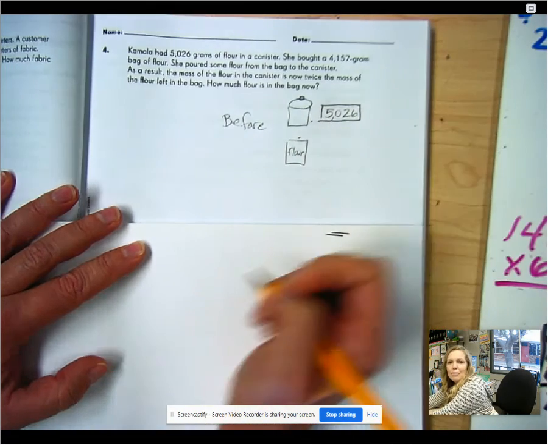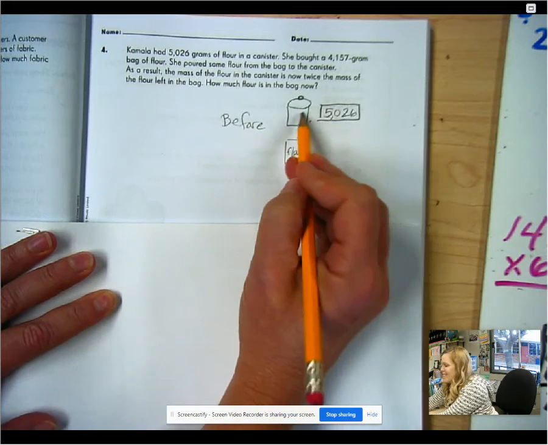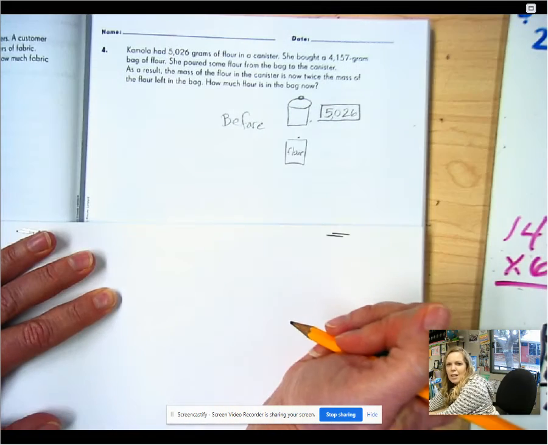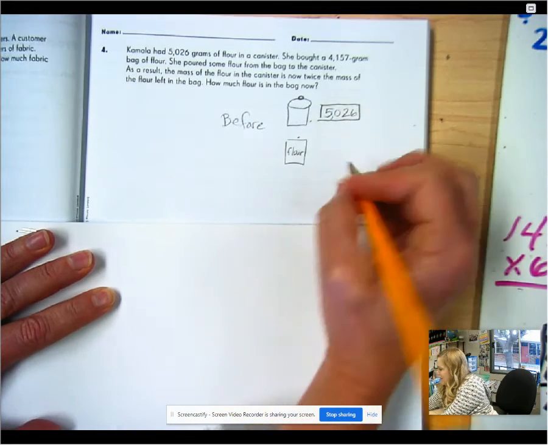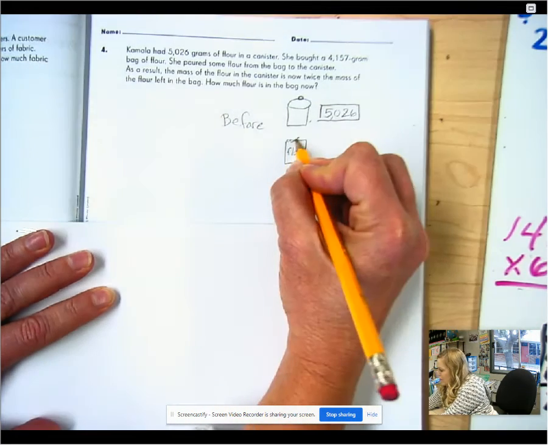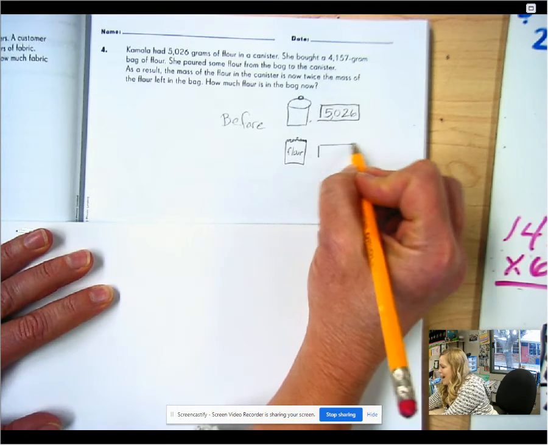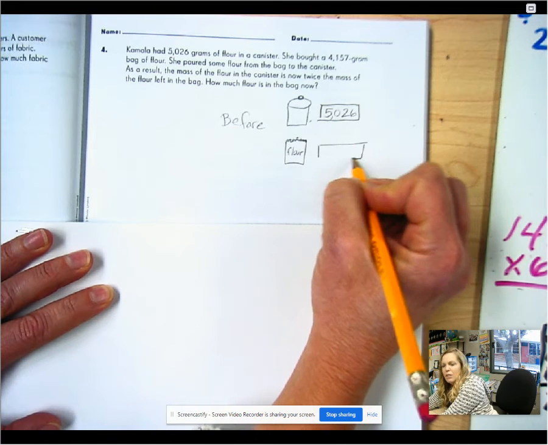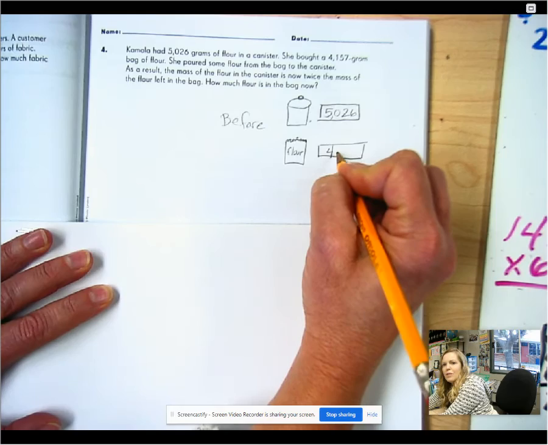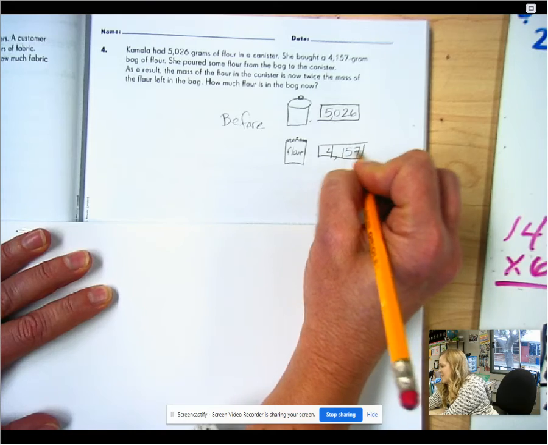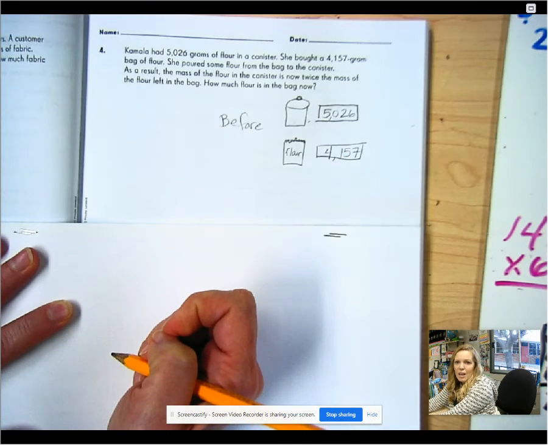And when I'm talking before in my canister, we said that she had 5,026 grams, right, of flour inside this jar canister. And then she buys this bag of flour. Here's a little stitching on top that she tears off. And inside the bag, she had a little bit less, 4,157 grams, okay?